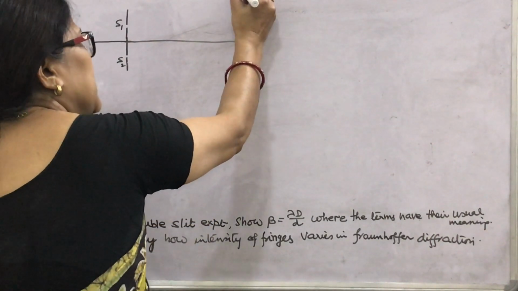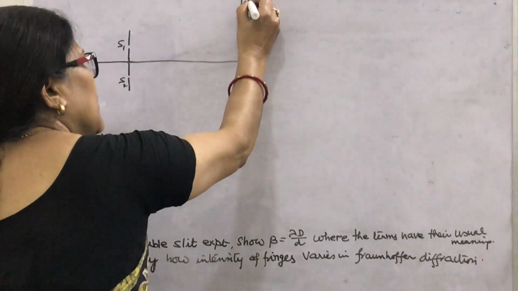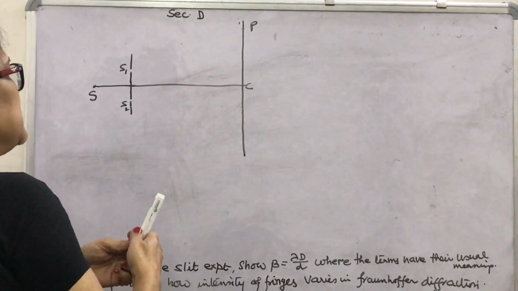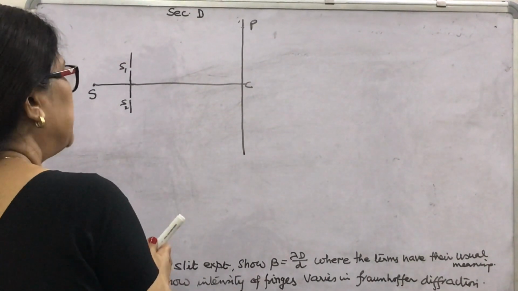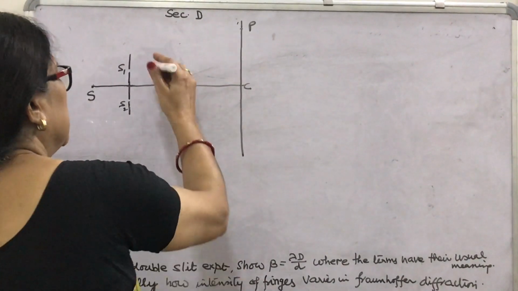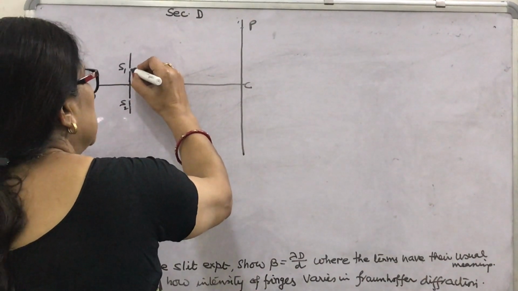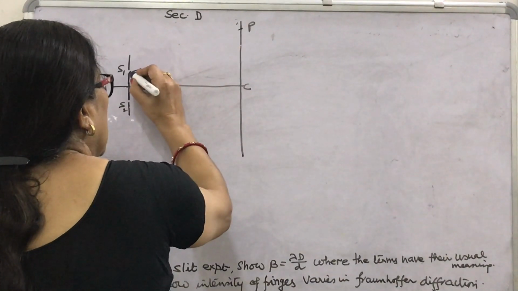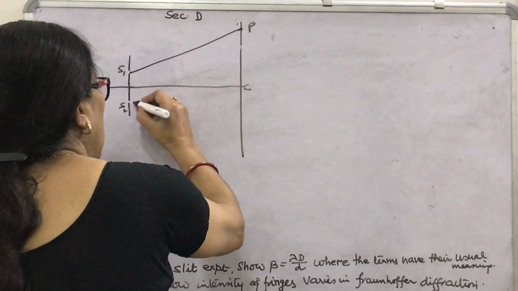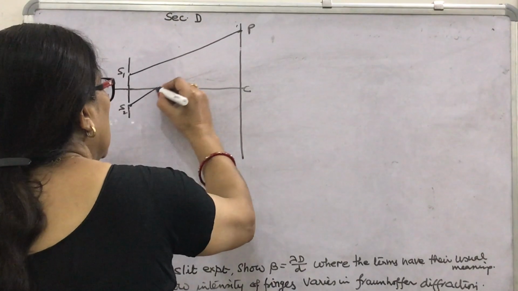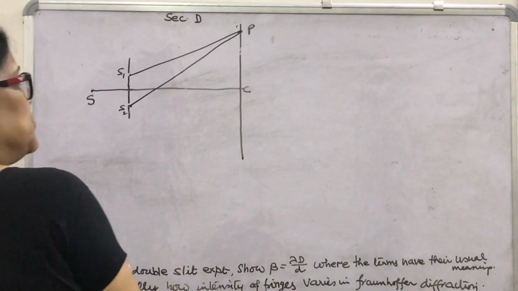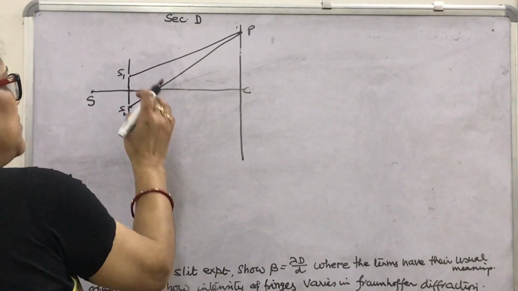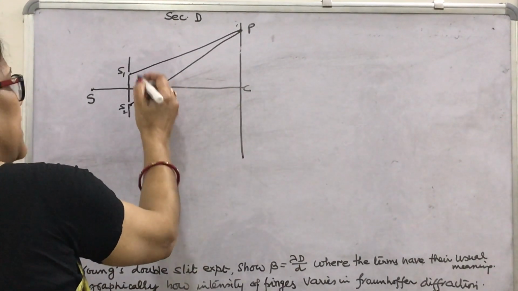At some other point, suppose at this point P, what happens? Let the rays coming from S1 and S2 meet at this point, forming a certain fringe. So suppose this is the ray coming from S1 and this one is from S2. There is a path difference. How to get this path difference?